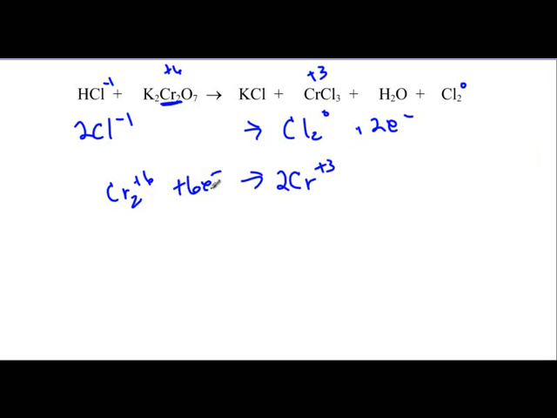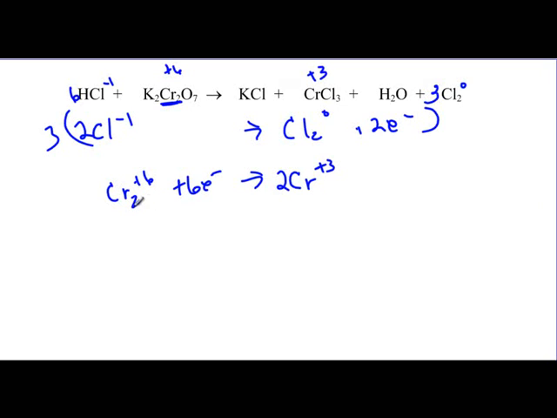Alright, so what I want to do now is balance for electrons lost and gained. I have 2 here and 6 here, so I need to multiply this whole equation times 3. When I do that, I end up with 6 HCl, and I end up with 3 Cl2s here.